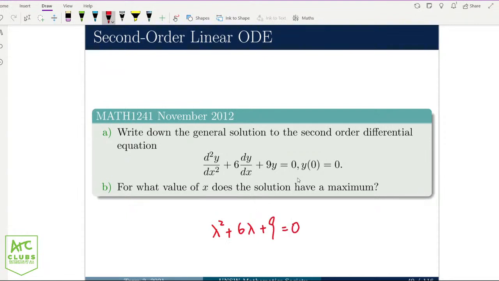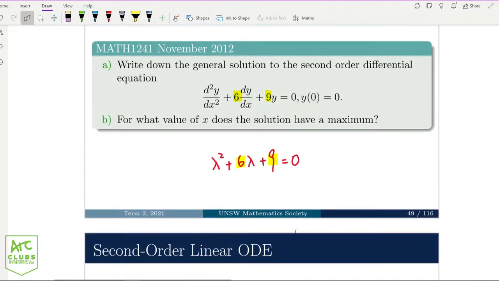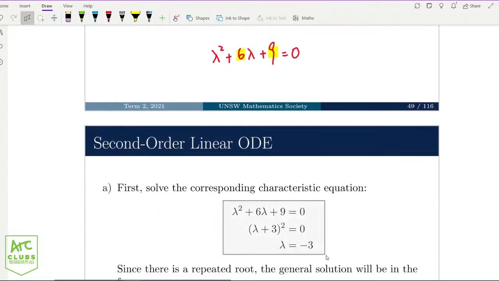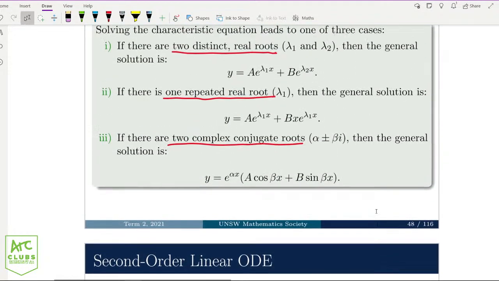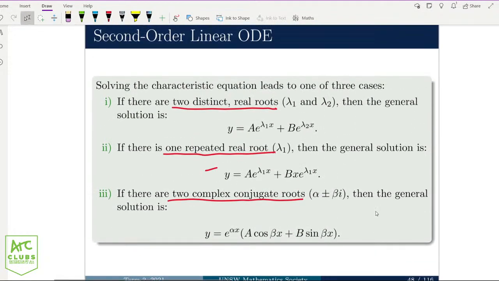Remember, this constant over here just comes from here, and the 9 over here just comes from here. Right. So if we solve this quadratic, we will get a repeated root of -3. So it makes sense for us to use this particular general solution that we had.